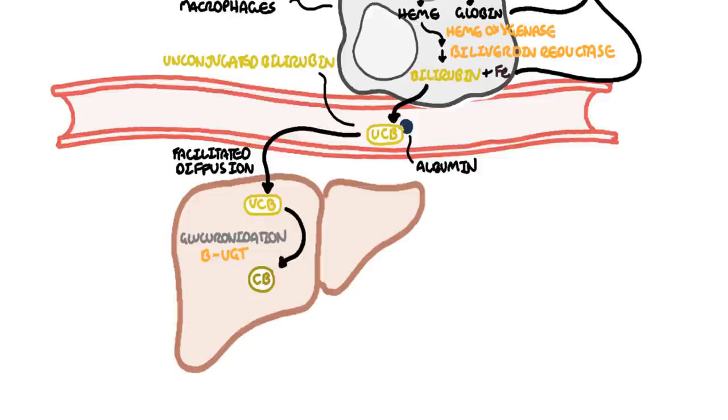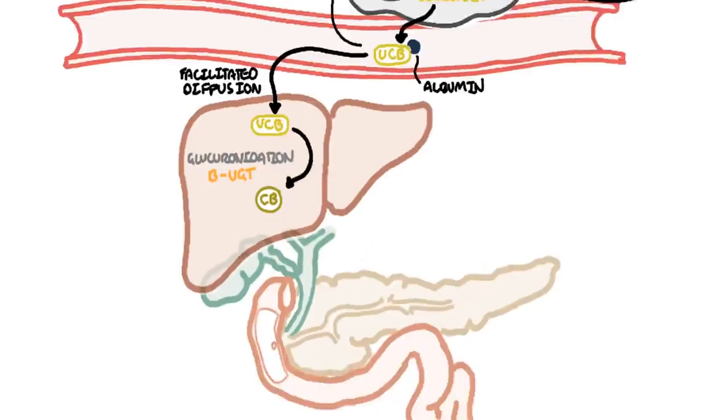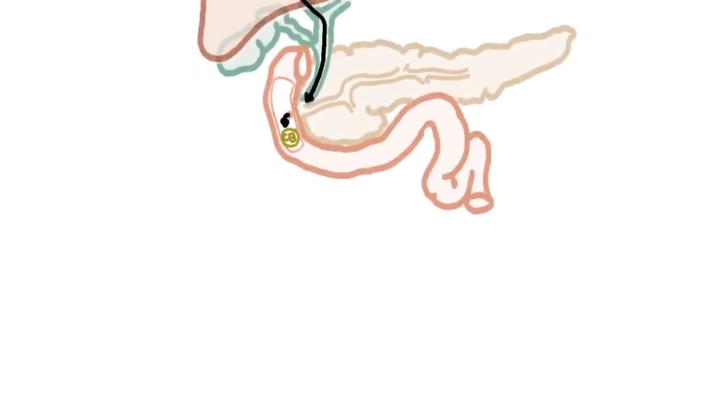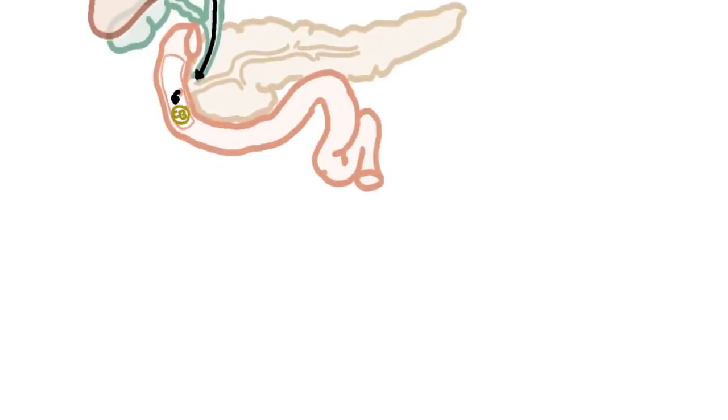It is secreted into the biliary system and is a component of bile. Conjugated bilirubin travels down the bile duct where it joins with the pancreatic duct and into the duodenum through the ampulla of Vater. The conjugated bilirubin is now in the small intestine where it continues its journey.